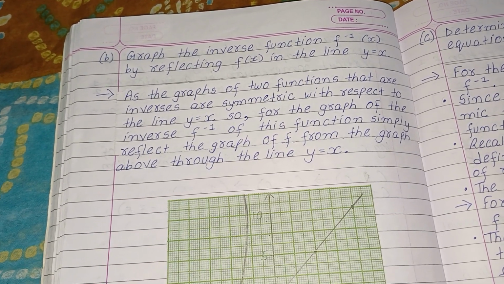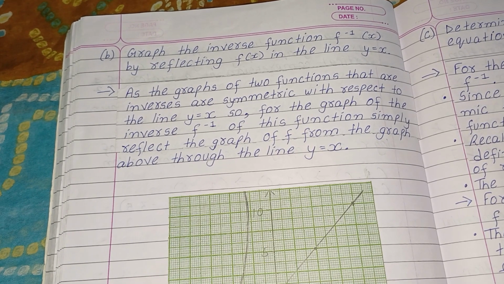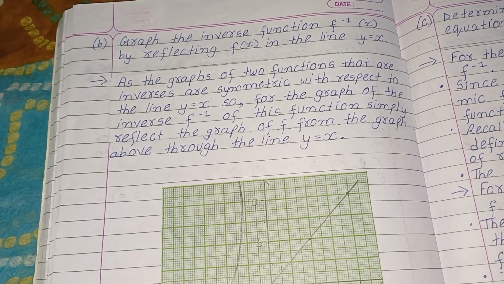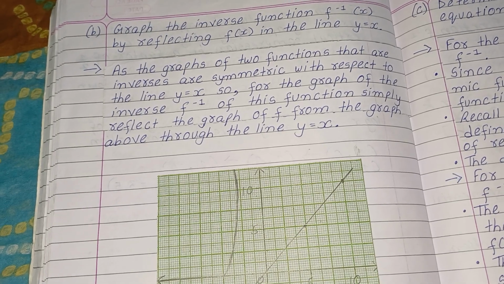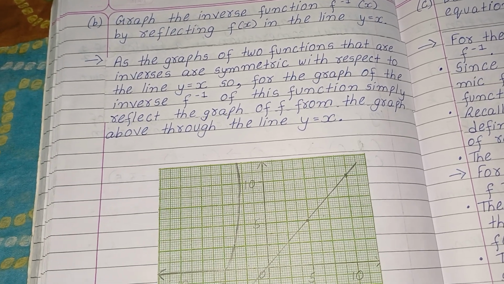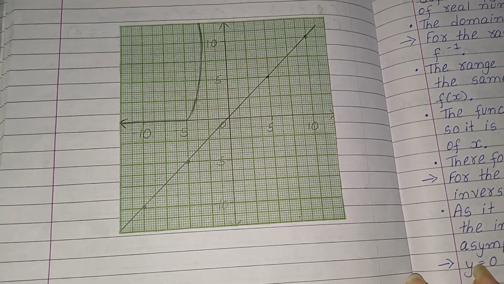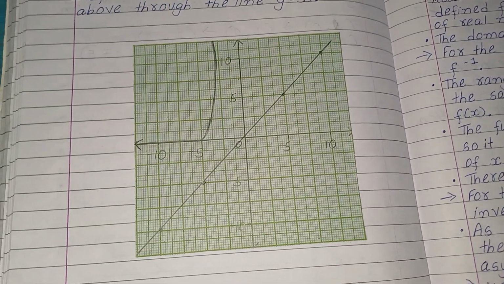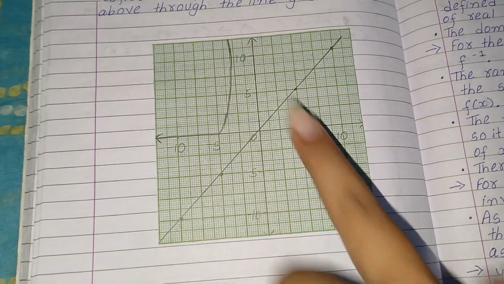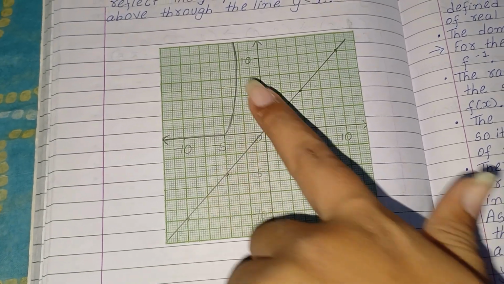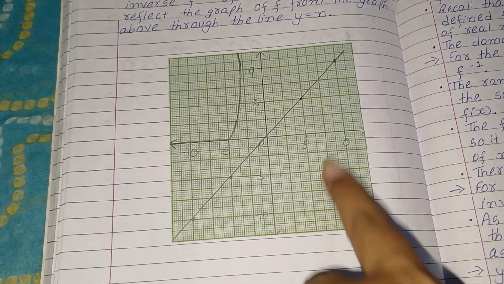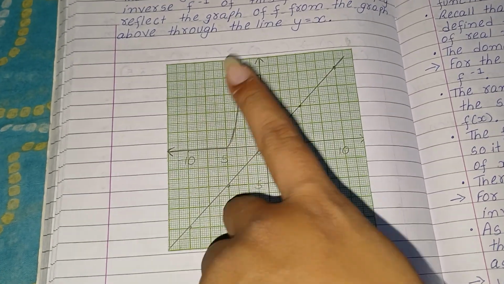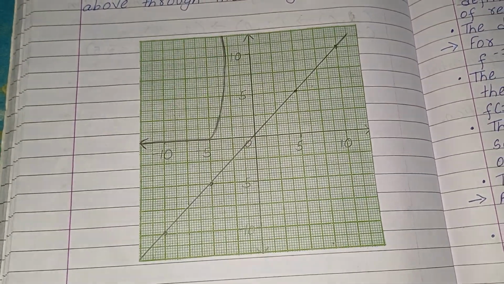So for the graph of the inverse f^-1 of this function, simply reflect the graph of f from the graph above through the line y = x. Here it is the same graph as in A, but here it is a reflection. In A this line was here, and in B we have to reflect the graph, so this line will go here. So you can see here.